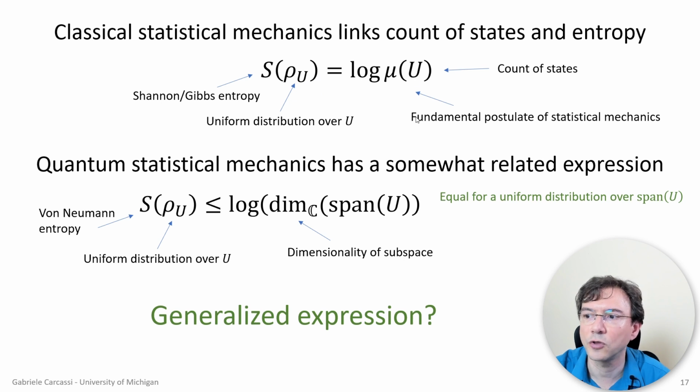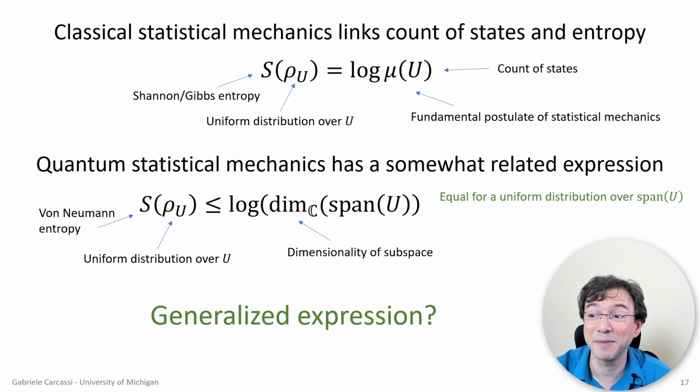And this is also called the fundamental postulate of statistical mechanics. So we see that this measure is linked to the entropy, and we can also see that if you take the logarithm and bring it to the other side, you have that the measure is the exponential of the entropy. So this plays an important role in classical mechanics, because it links the entropy to the count of states.